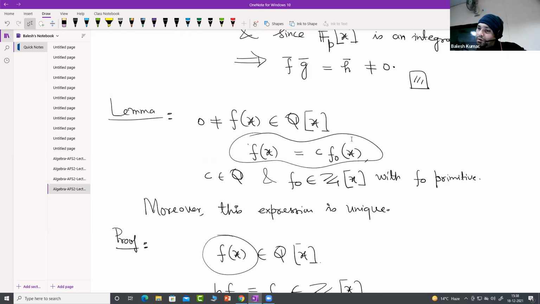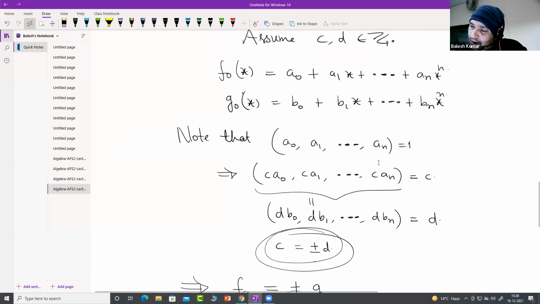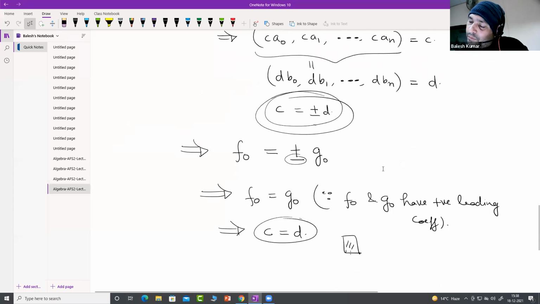So this is a very straightforward lemma, and as you can see, it is very similar to the way we clear the denominators when we do addition of fractions. We will see the power of this lemma, how it is helpful to deduce certain nice results for polynomial rings over integer coefficients.